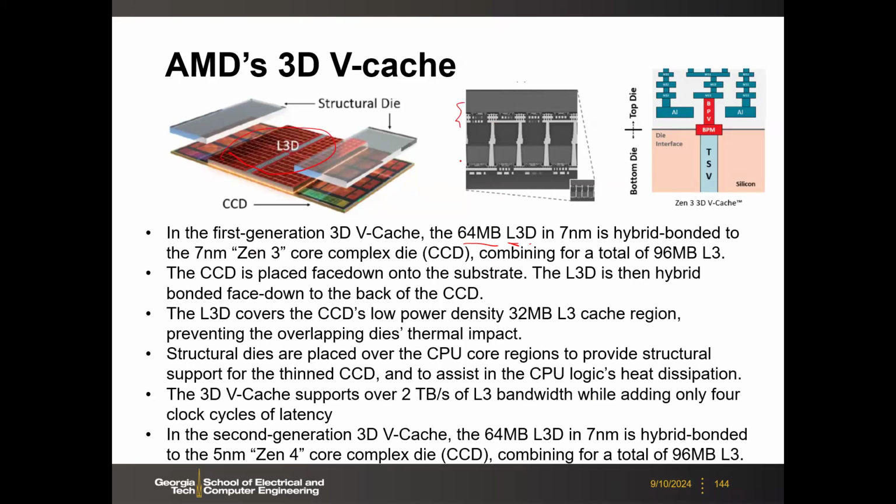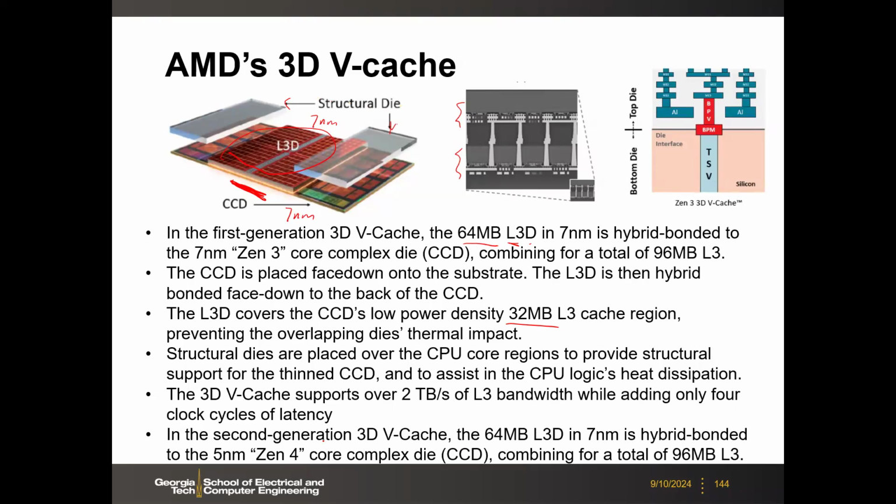Okay, this is the top die and the bottom die, bonded with the core here. On the core, it has 32 megabytes of L3 cache. In total, it has 96 megabytes. Both the top die and the bottom die are in 7 nanometer. And then they have some structural die to provide the mechanical support and also probably function as a heat sink.